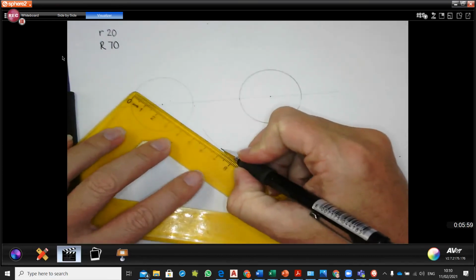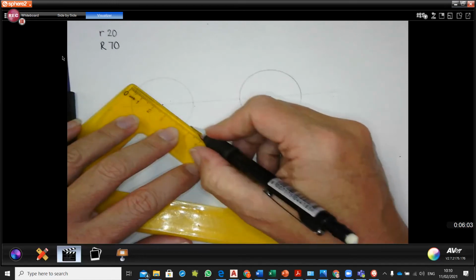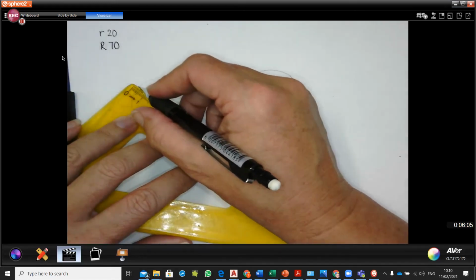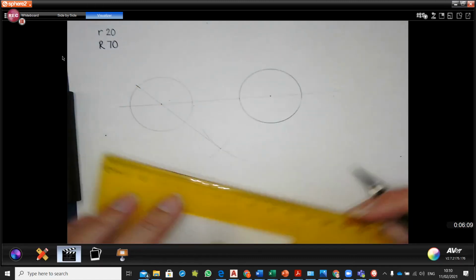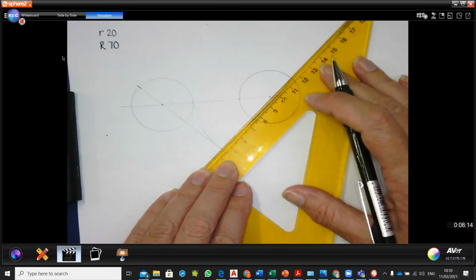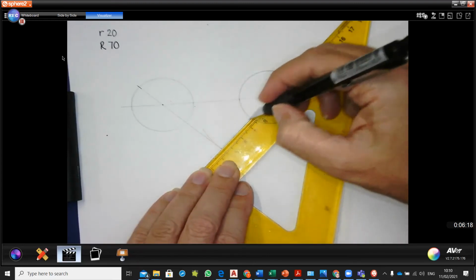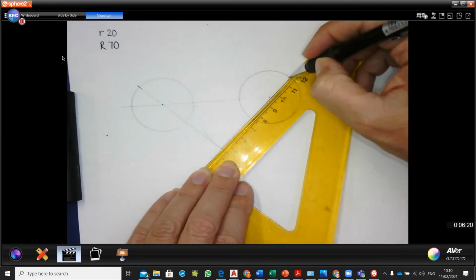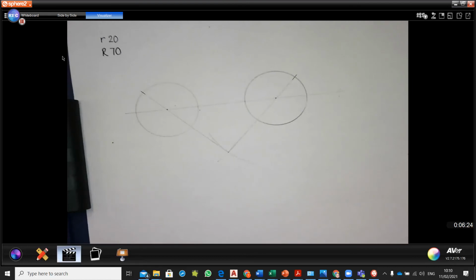And I draw a line going through the center of my circle in construction and extend it to the top of the circle. That is going to be my point of contact. So extend that line through the center to where it touches the circle.